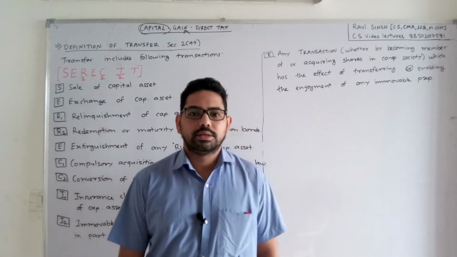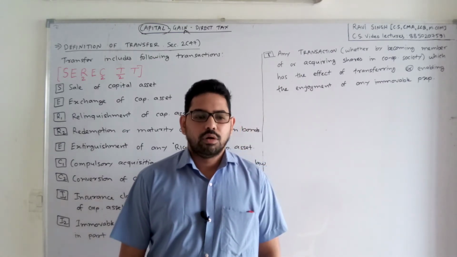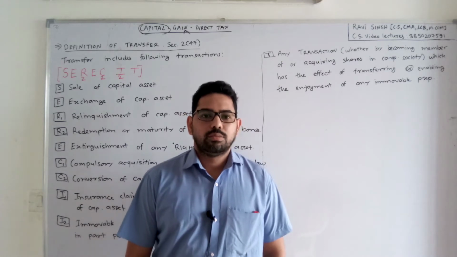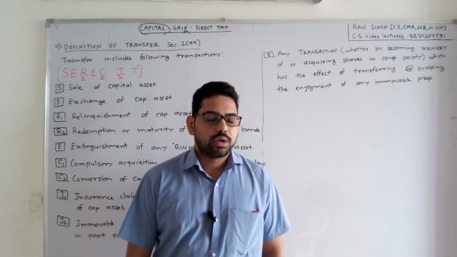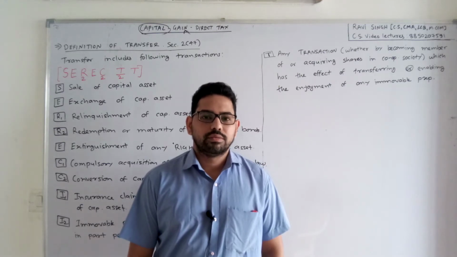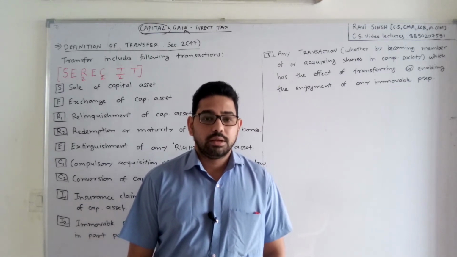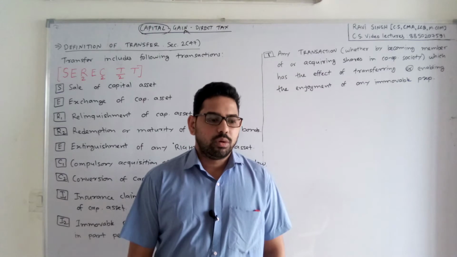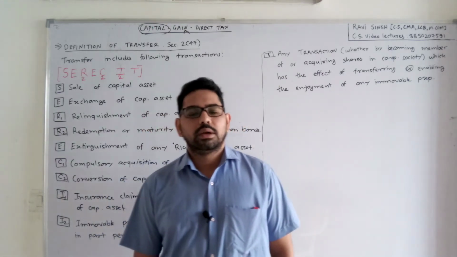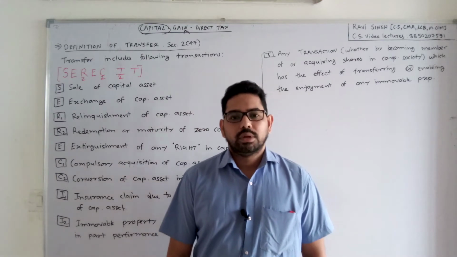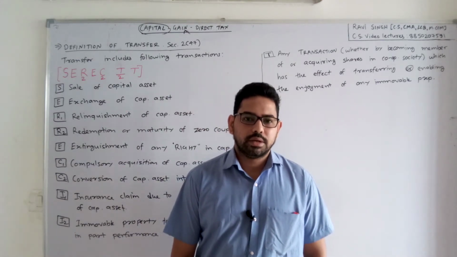Then in the exceptions, one was movable personal assets of the assessee used by him or his family members. I told you to write notes number 1 to 5 for explaining that point. What is movable personal assets? Movable personal assets are excluded from the definition of capital asset.